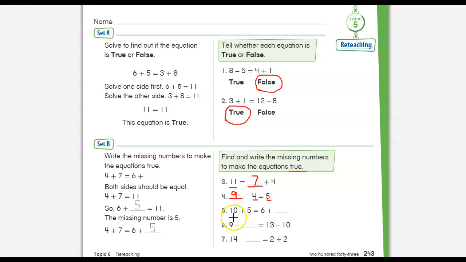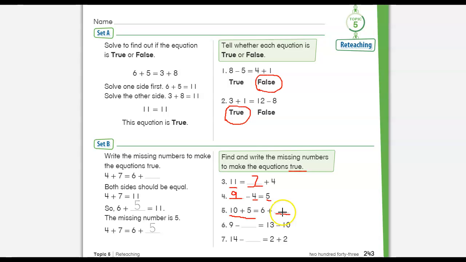On number 5, we had 10 plus 5 equals 6 plus blank. So on number 5, you would have to solve together 10 and 5. So we know that 10 plus 5 is equal to 15. So right now we have 15 equals 6 plus blank.